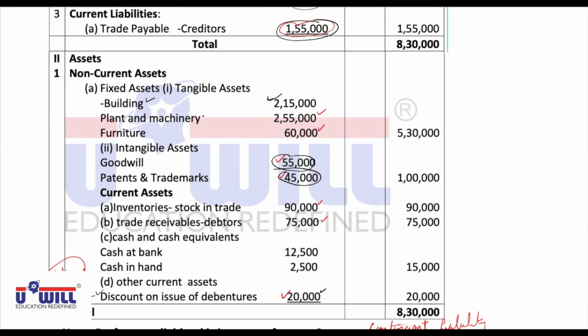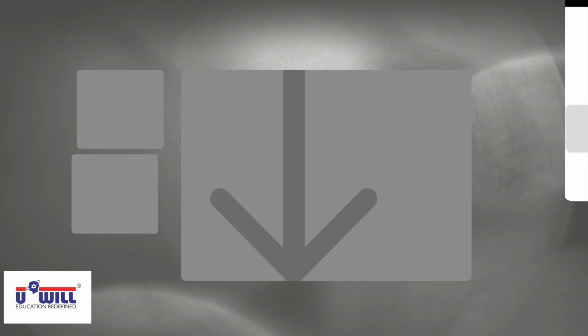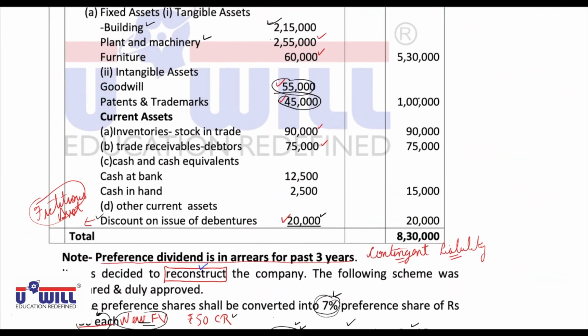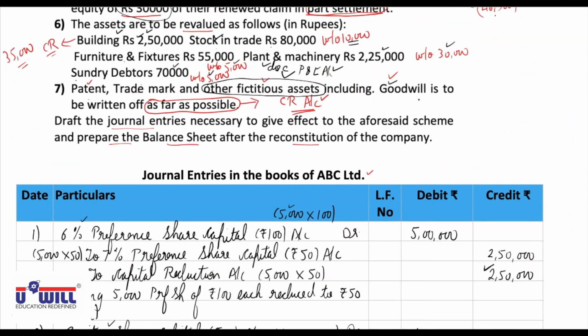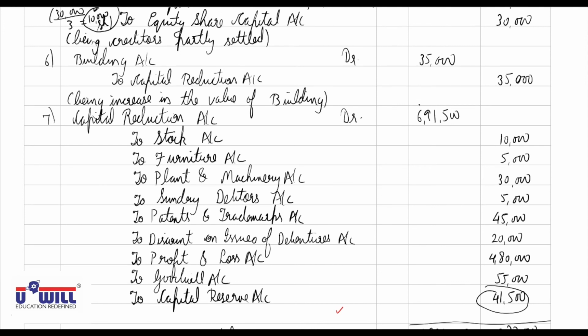Plant and machinery. 255 of plant and machinery was there, and from 2,55,000 we have written off 30,000.